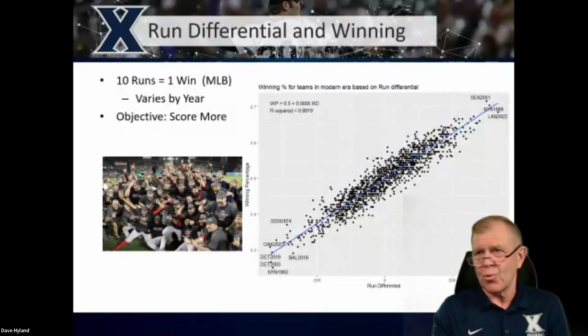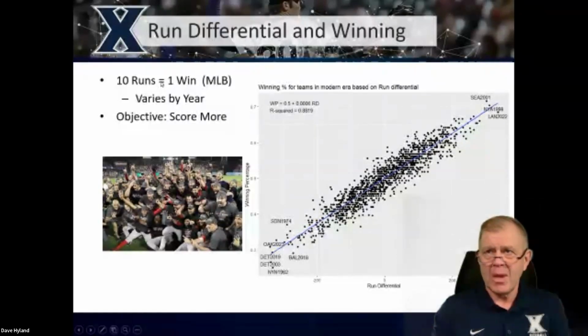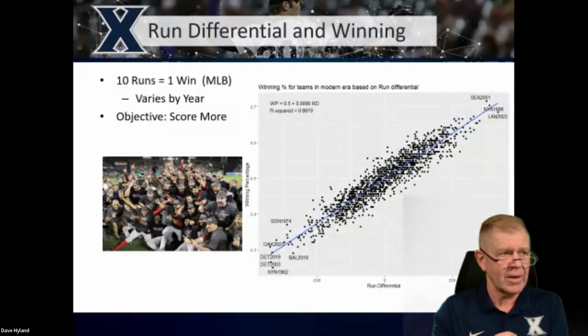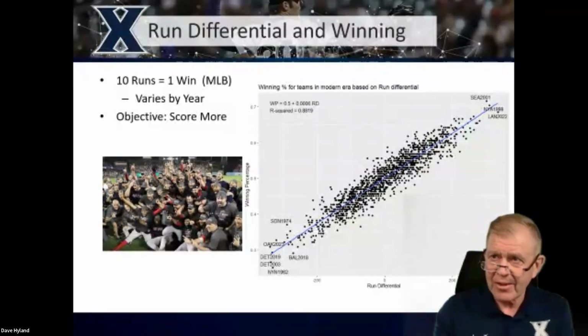We look at the actual equation, and we can look at this a lot of different ways, looking at run scoring and run prevention. Each additional 10 runs you score gives you an extra win. And why isn't it just one? Well, maybe you get that one more run in a situation where you were down 5 or you were up 7, so on average, another 10 runs get you a different win.